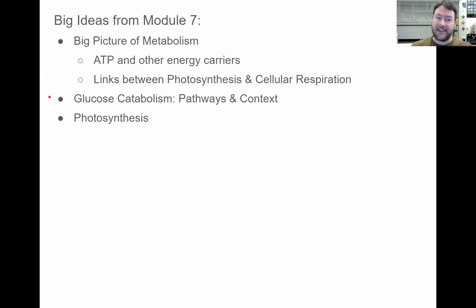Then we'll take a slightly closer look at glucose catabolism, that is the breakdown of glucose, looking at some pathways and how it fits into the context of other types of metabolism. And then we'll also take a slightly closer look at photosynthesis. But I am going to try and skip as much of the biochemical detail as I possibly can and still get the main ideas across. So we'll see how well I do with that.